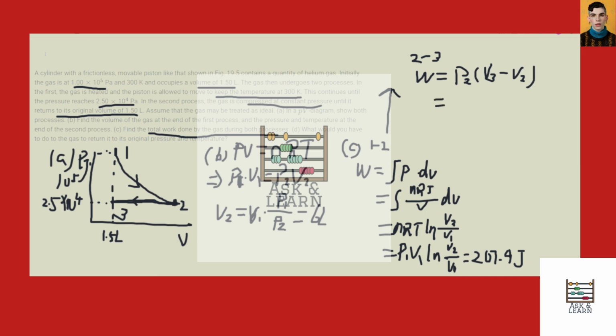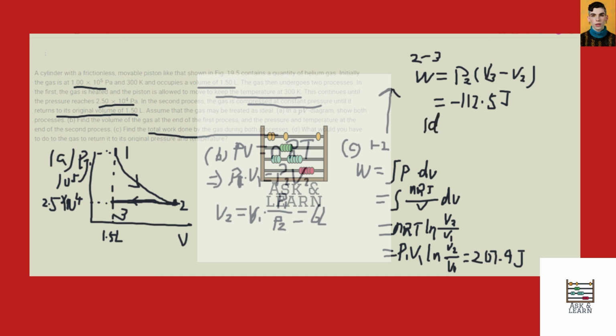Just plug in the values, and don't forget to convert liters into meters cubed, the standard unit. The value I found is negative 112.5 joules. So these are the two works done in the two processes.